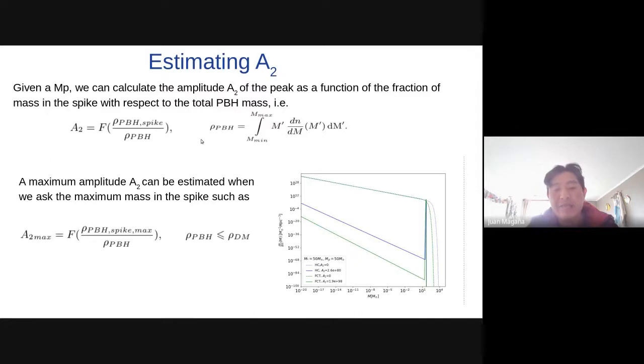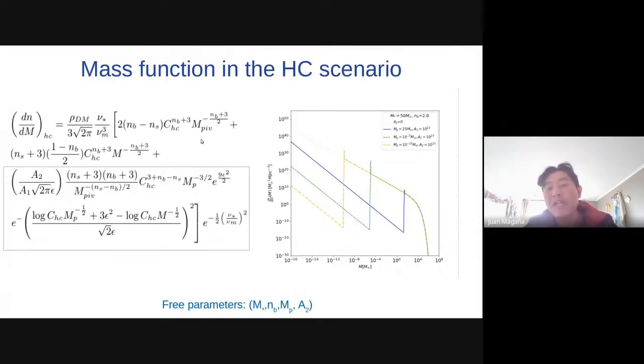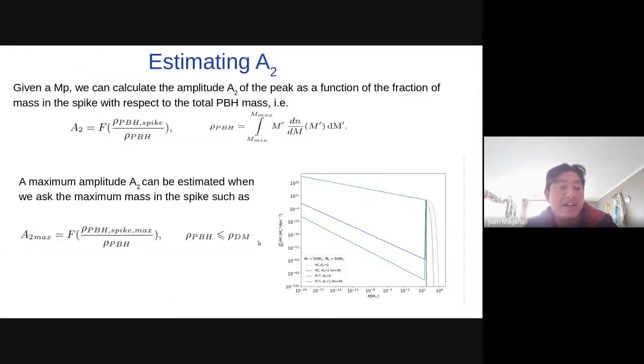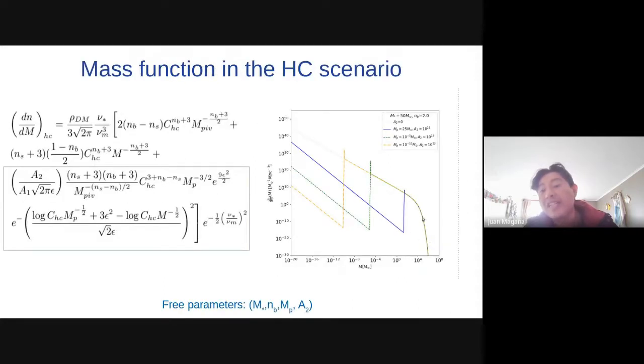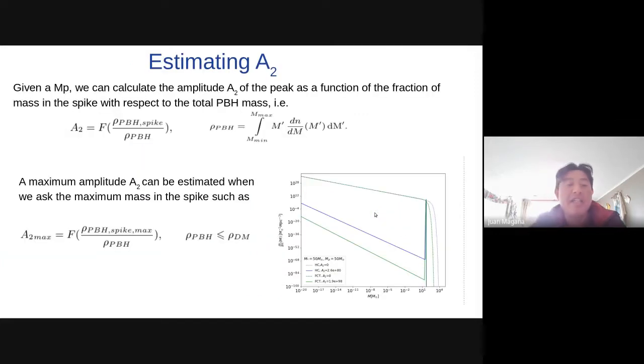And using this procedure, we can obtain a maximum amplitude A2 because there is a limit of mass inside the spike, because we have to satisfy this relation here, that the addition of the mass inside the spike plus the mass of the extended distribution should be less than or equal to the total dark matter mass density, for example.